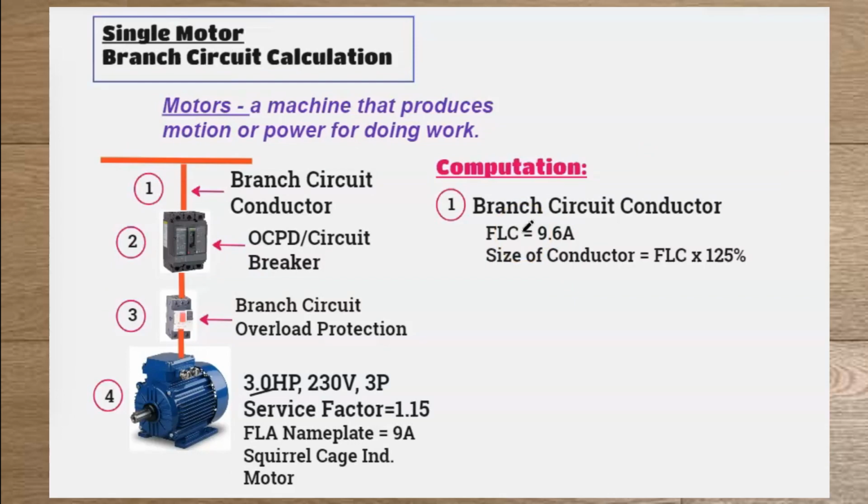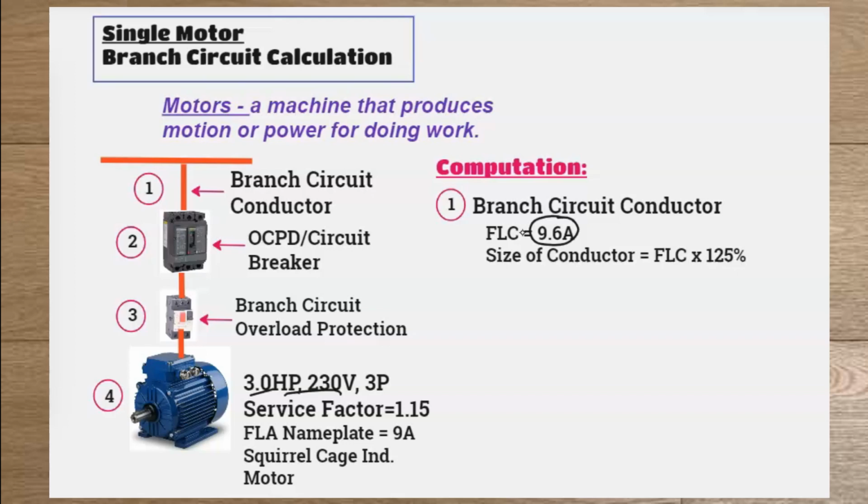Based doon sa data na nakuha natin kanina, that itong 3 HP na 230 volts, 3 phase, so yung kanyang full load current in amperes is 9.6. And then to determine itong size of conductor, so the full load current multiplied by 125%.